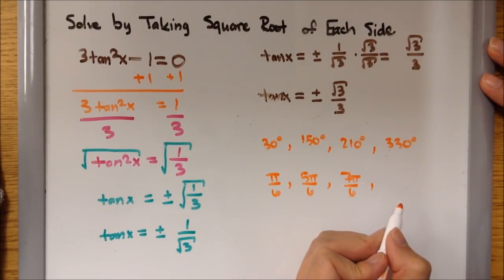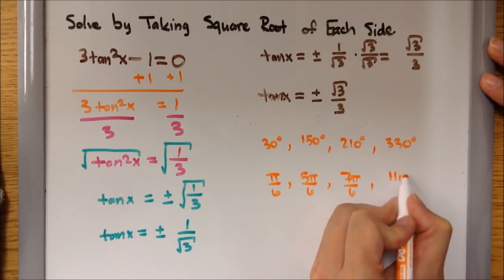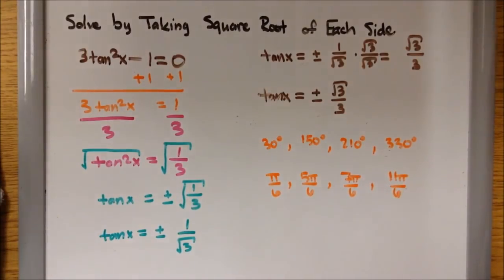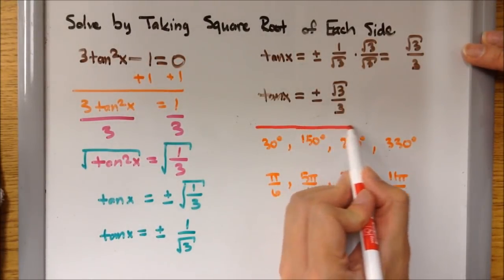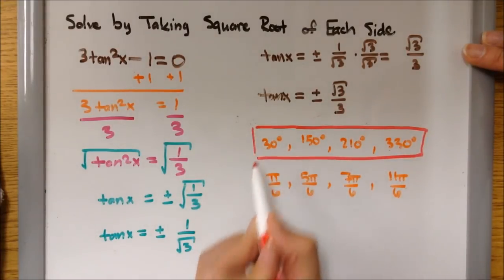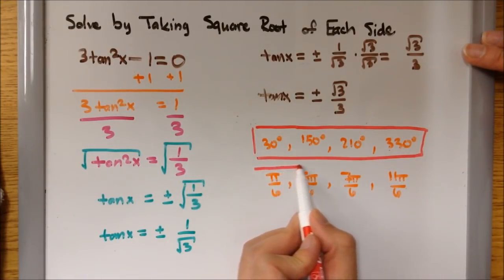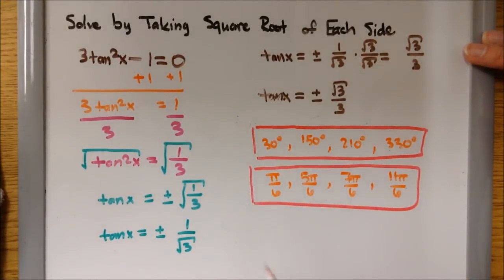And the radian equivalent for 330 degrees is 11 pi over 6. So we have 4 answers in degrees, and then we have 4 answers in radians. So it's the same as the other example, 4 answers.